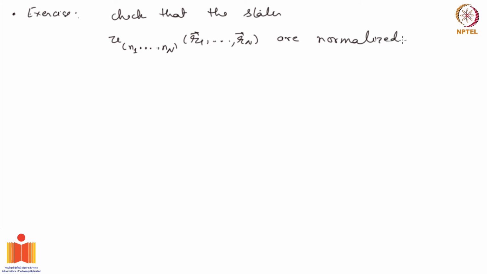Okay, meaning if you calculate d cube r1, d cube rn, if you do this integral over u star, you get 1.